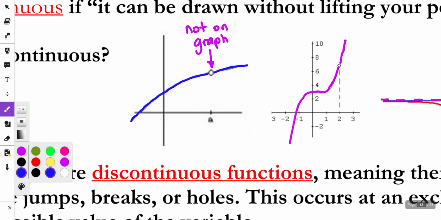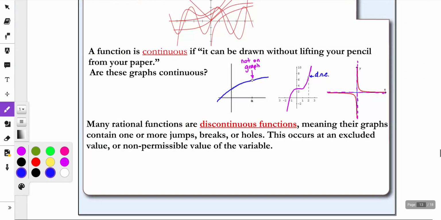They are telling you that this spot does not exist. Right? There's nothing there. DNE, does not exist. Cool.